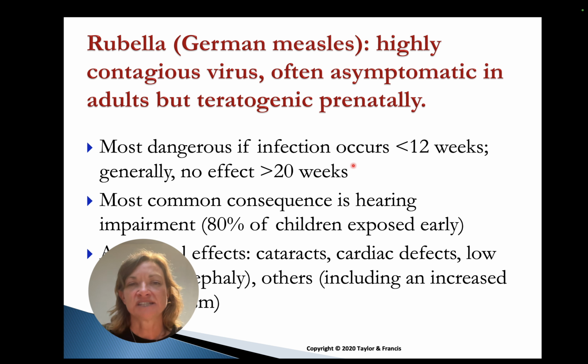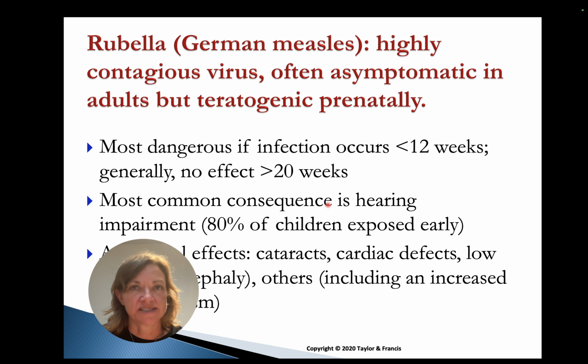Now, the risk to the baby is highest if a maternal infection occurs prior to 12 weeks of pregnancy, and the baby is unaffected if exposure occurs beyond 20 weeks of pregnancy. So it's most dangerous in the first 12 weeks, with still some risk within the first 20 weeks. And again, this is an unvaccinated pregnant mom who's exposed and infected with rubella.